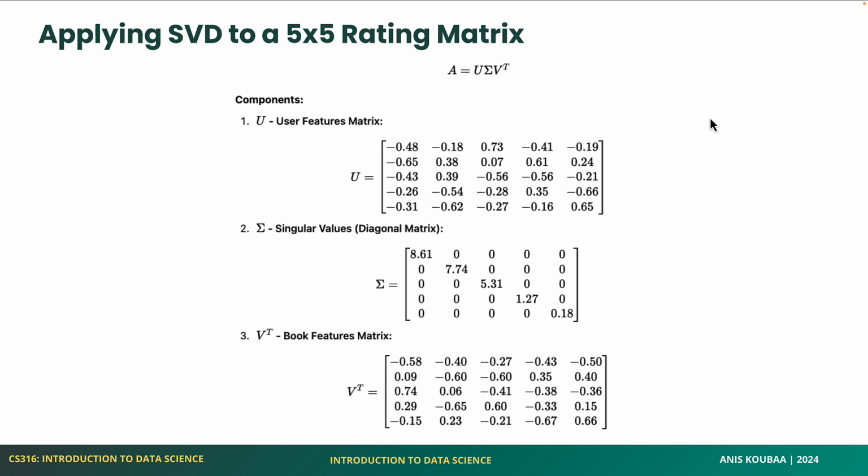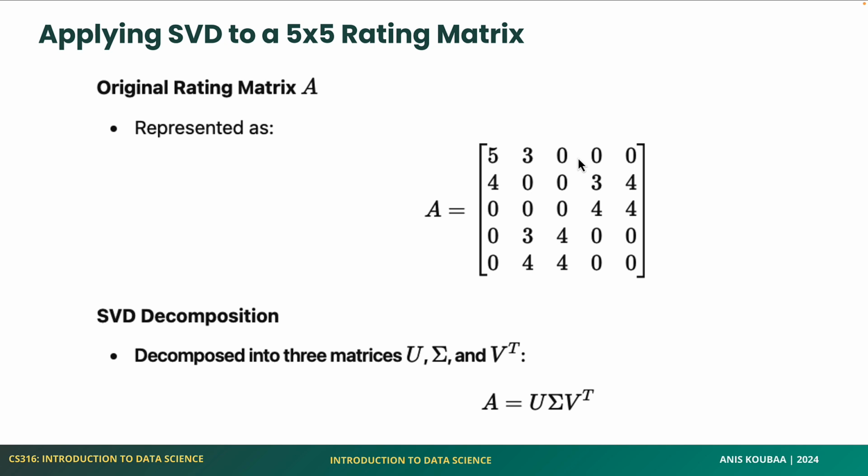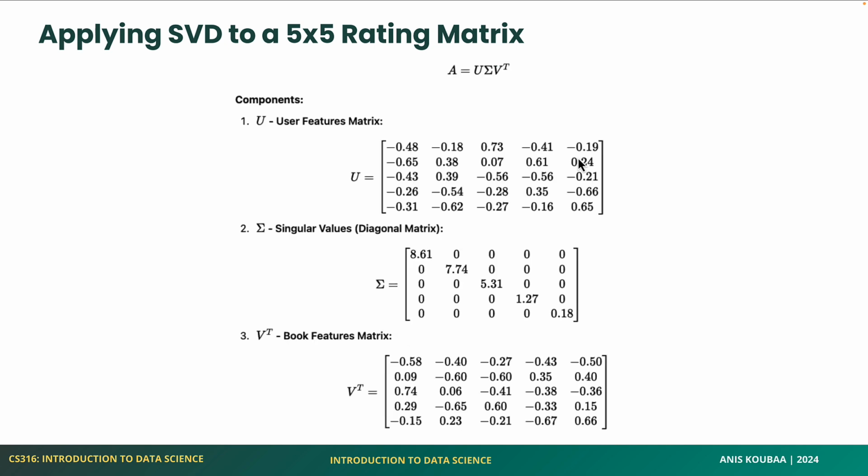Does this number make any sense? This is like the projection of this matrix into the user preference space. So these are coordinates into a different space. They represent some kind of hidden features, hidden characteristics. Same thing, this is like the projection of the data set into the book feature or characteristic space.